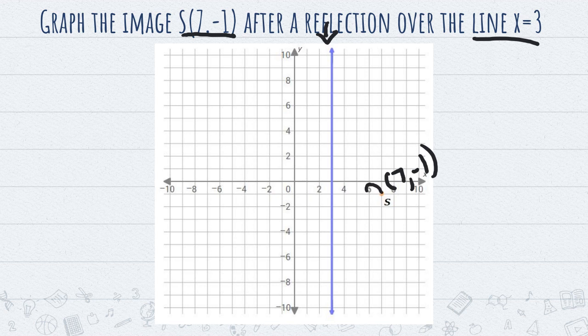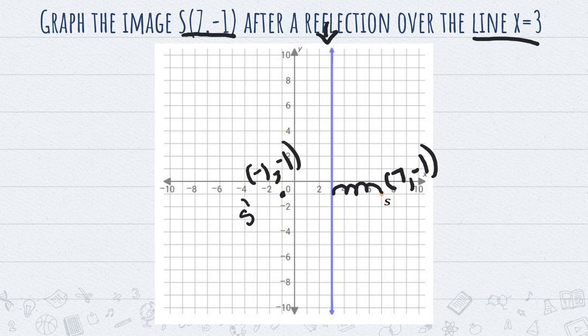So right now we are 1, 2, 3, 4 away from the line that we're reflecting over. So that means I need to go over 4 the other way. So count over 4, 1, 2, 3, 4, and that would be my new point. So my new point is S prime, and the location of that is at -1, -1.